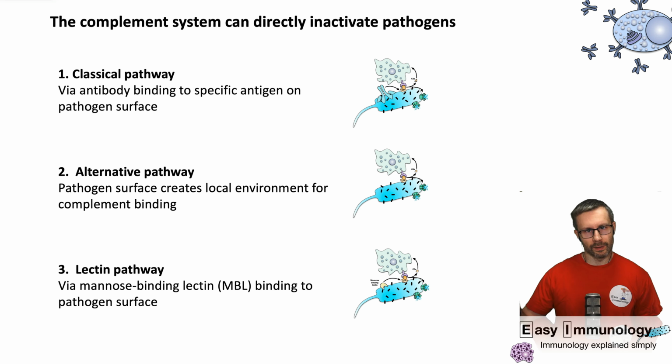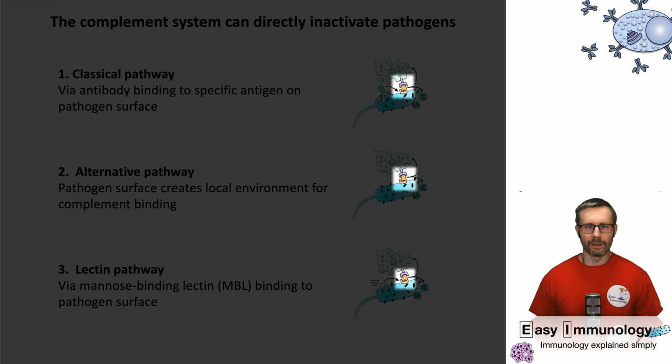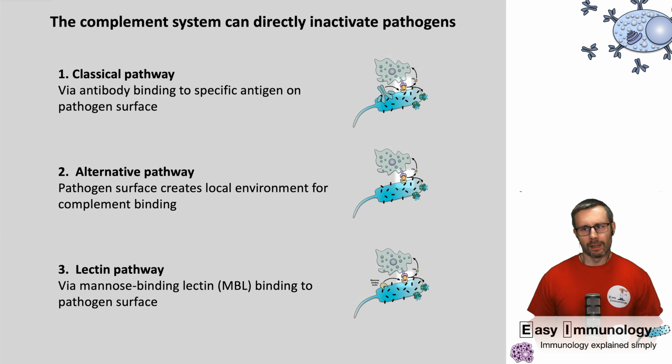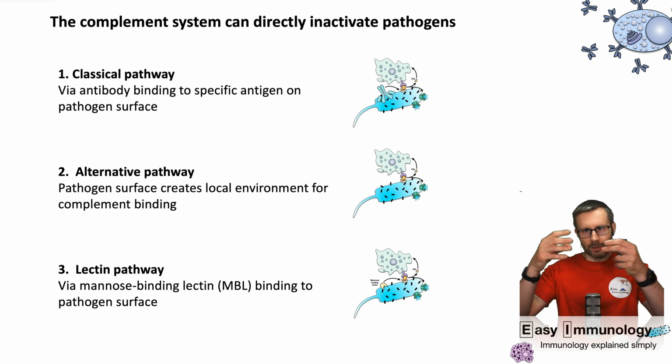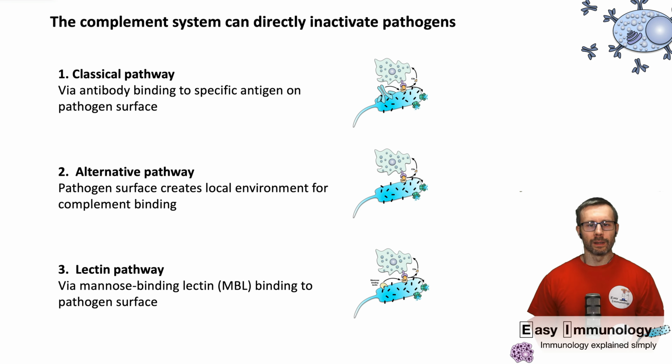And this works because the most important protein in the complement cascade is the C3 protein, and this is unstable in a normal solution in your body, so it will just spontaneously be degraded into a big C3b and a small C3a fragment.